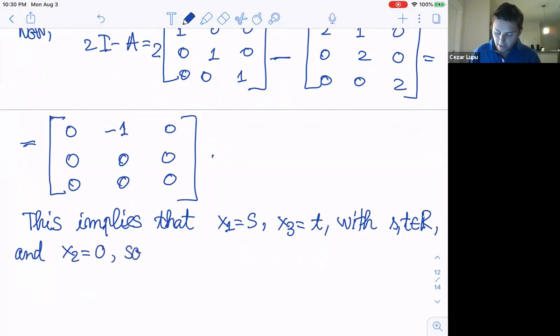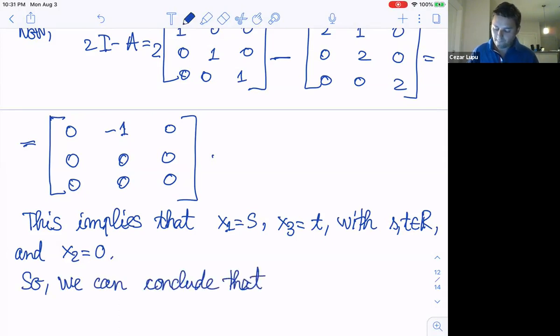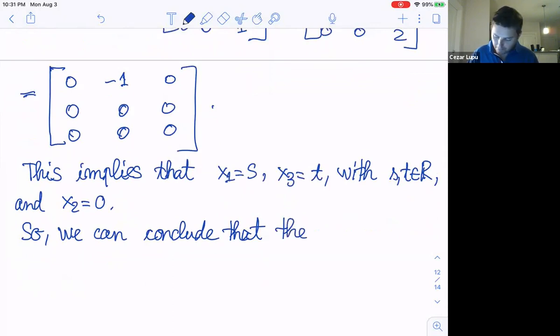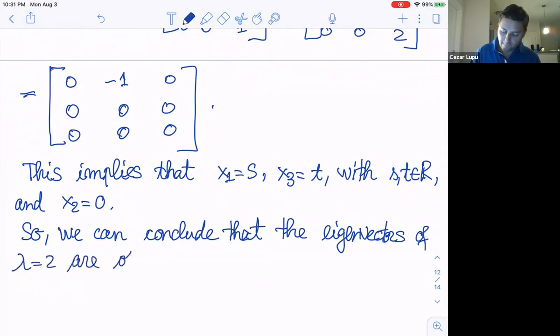So we can conclude that the eigenvectors of the eigenvalue lambda equals 2 are of the following form, and now let's write them.